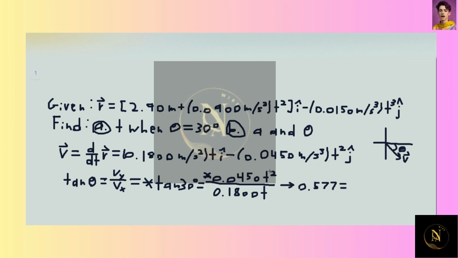And with the t squared and the t here, the t cancels out, and the t squared just becomes a t. Then I divide these two numbers, and I'm going to have 0.25 times t. So this time t ends up being 2.31 seconds.